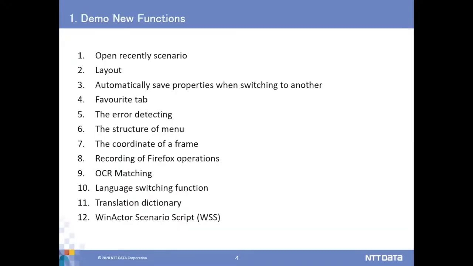In chapter 1, I list some functions that are included in the Reactor 7 release note file. You can check this file for more detail if you install Reactor 7. Number 1, open recently scenario.